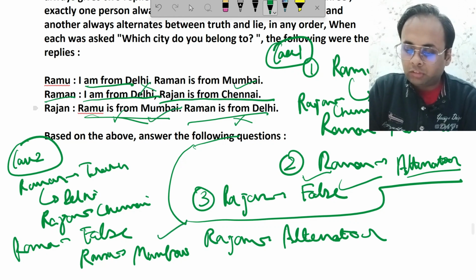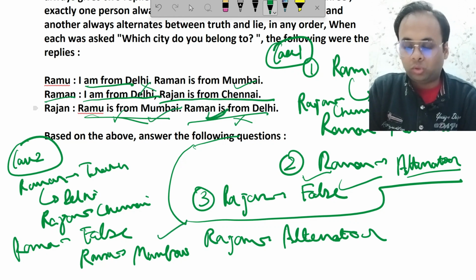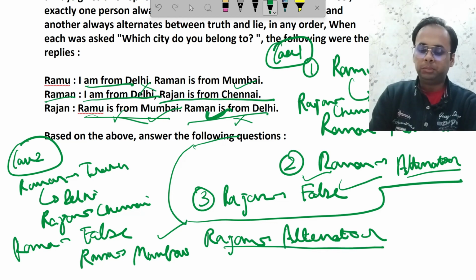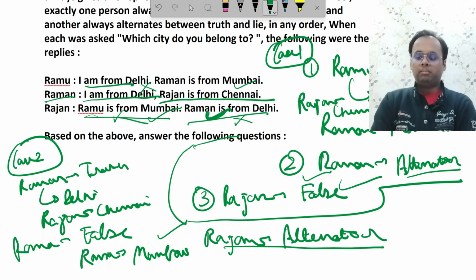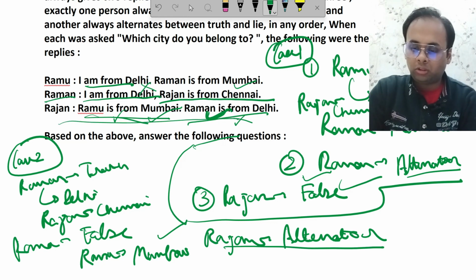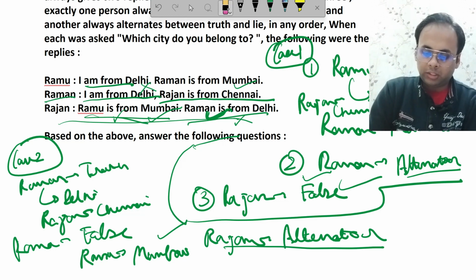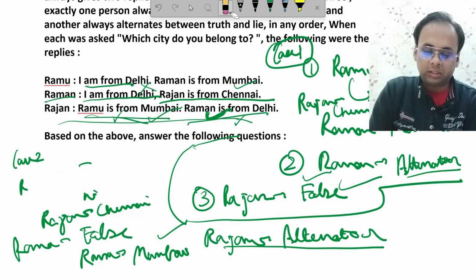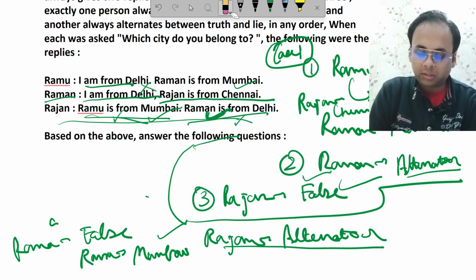And he says that Raman is from Delhi, which is also correct. The problem is he is the alternator. He should be speaking one truth and one lie, but both his statements are correct here. So this case is just not possible. It is a self-contradictory case. Let me just rub it off.